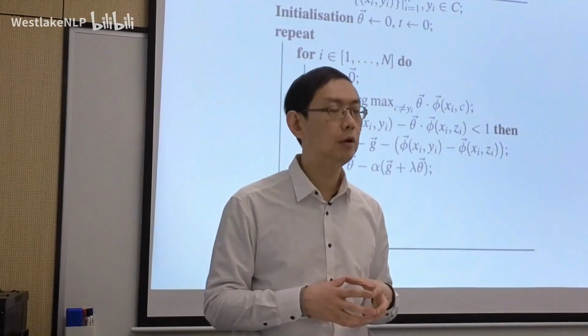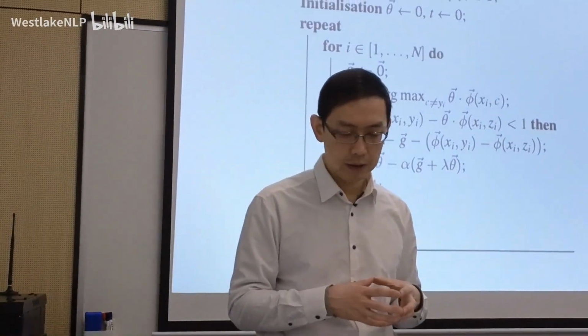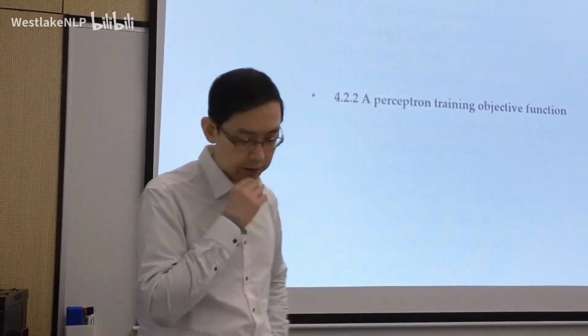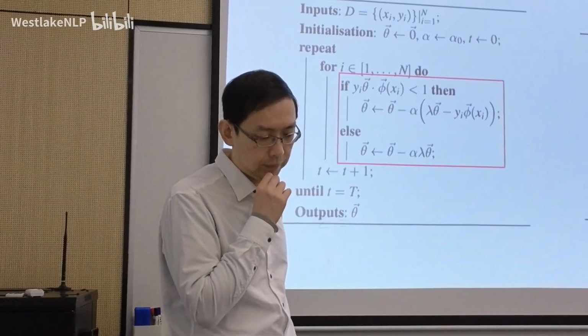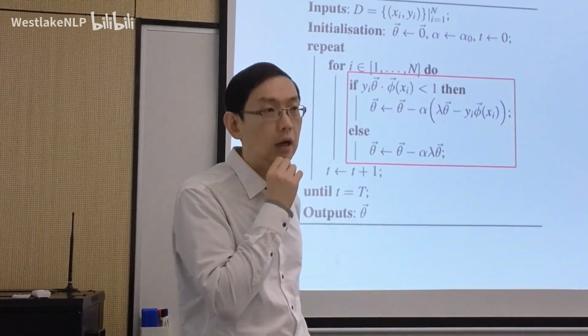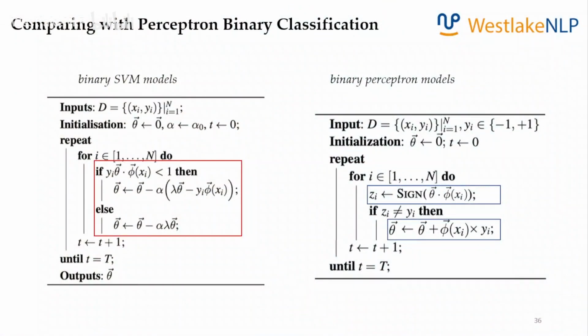So let's do a formal comparison, in both the binary case and the multi-class case. For the binary case, both algorithms have a condition. The condition of the perceptron is whether y theta dot phi is smaller than 0. But the condition of the SVM is whether y theta dot phi is smaller than 1. So which one is more strict?